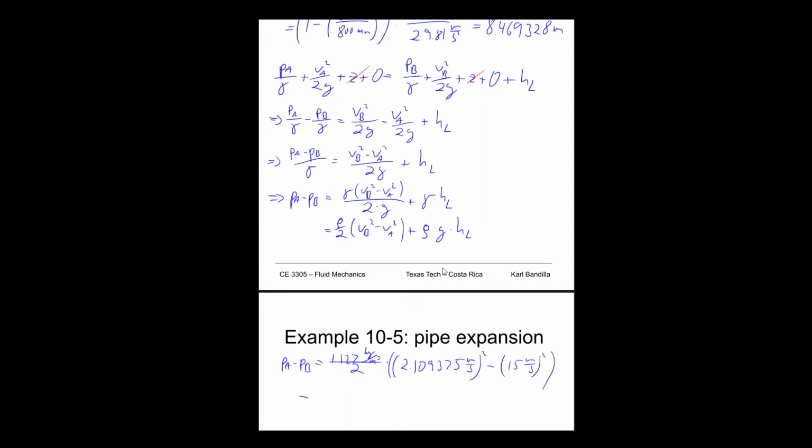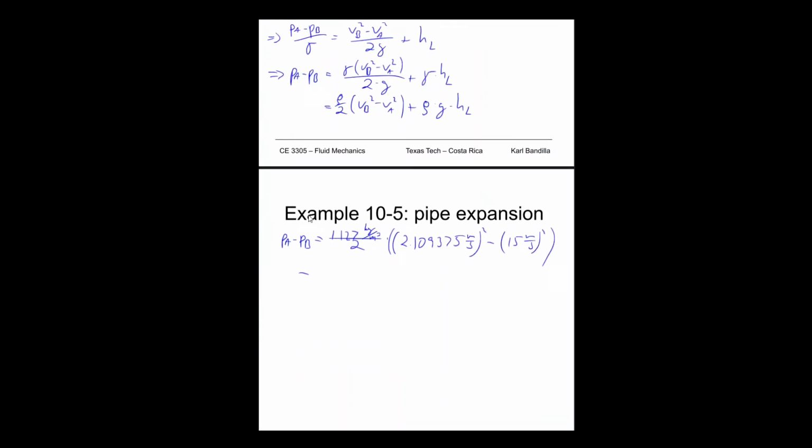It should be plus, not minus. Anyway, typo in my solution here. There should be a plus. We'll have to edit that as we go along.